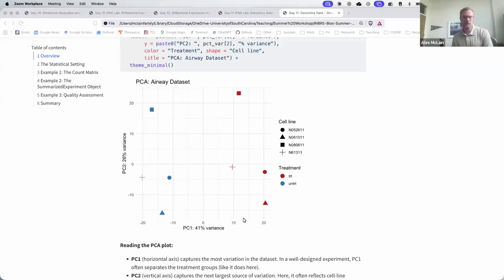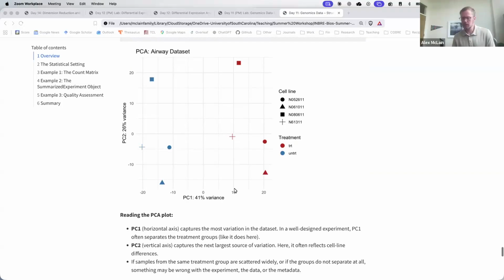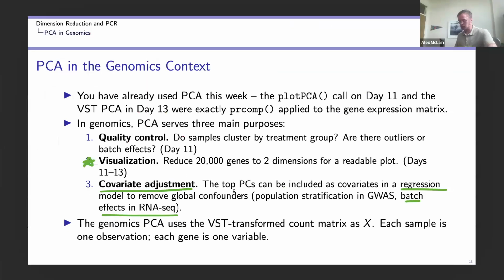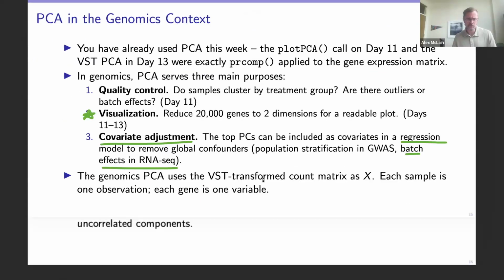Let's continue on. So far we have talked extensively about PCA analysis, and now I want to talk about one of the ways to use it, which is in regression.